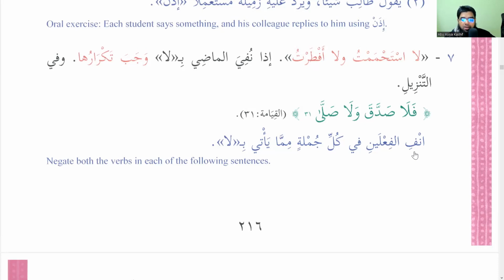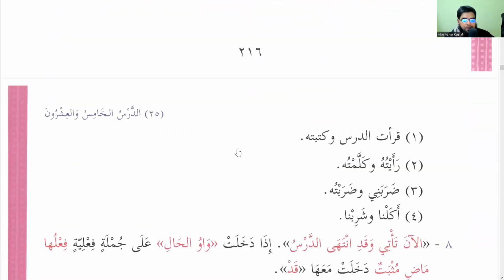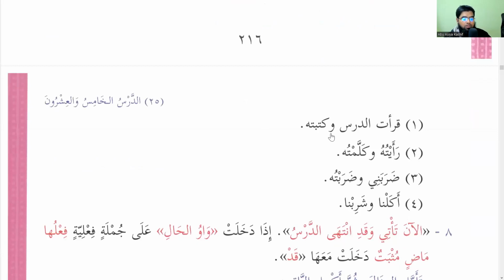Same word, different meaning. "Qara'tu ad-darsa wa katabtuhu", I read the lesson and I wrote it. So you have to say neither did I read the lesson, nor did I write it.